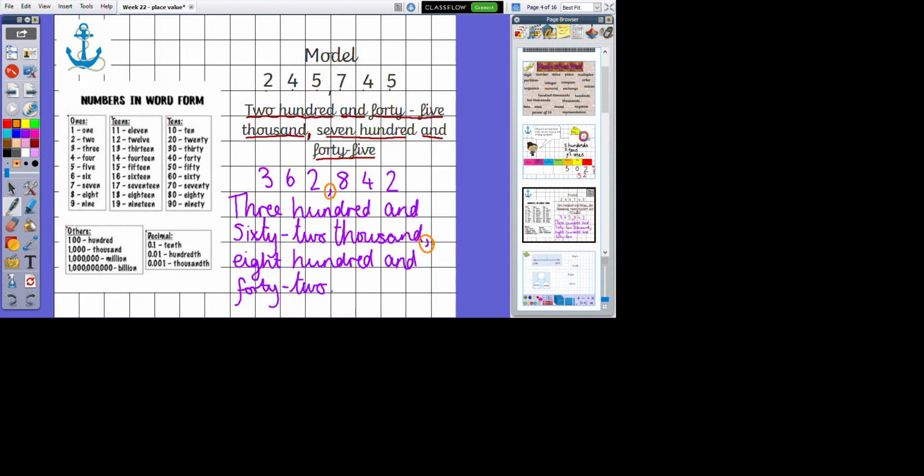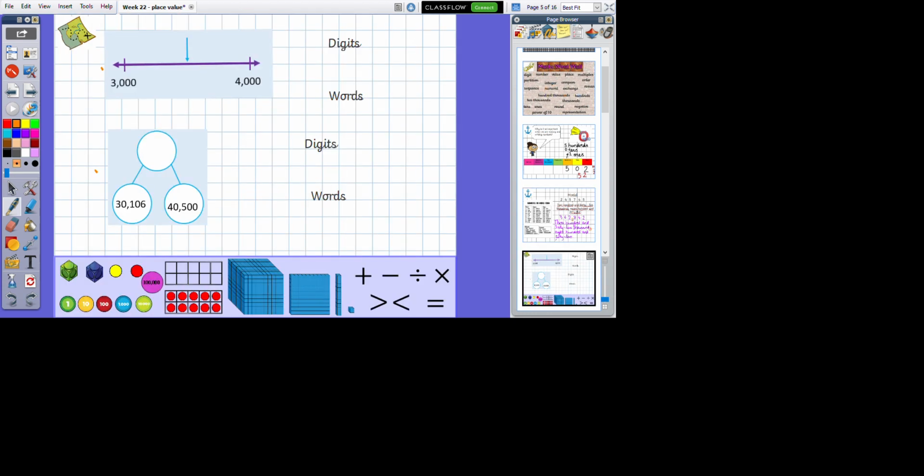Okay, so you will see here I've got the number 3,000 and I've got the number 4,000, and the arrow is pointing to about halfway. So I know halfway between any 1,000 number is 500. So I know that halfway between 3,000 and 4,000 is 3,500. So if I wanted to write that in digits, I would write 3,500. Okay, and then I need to write the words.